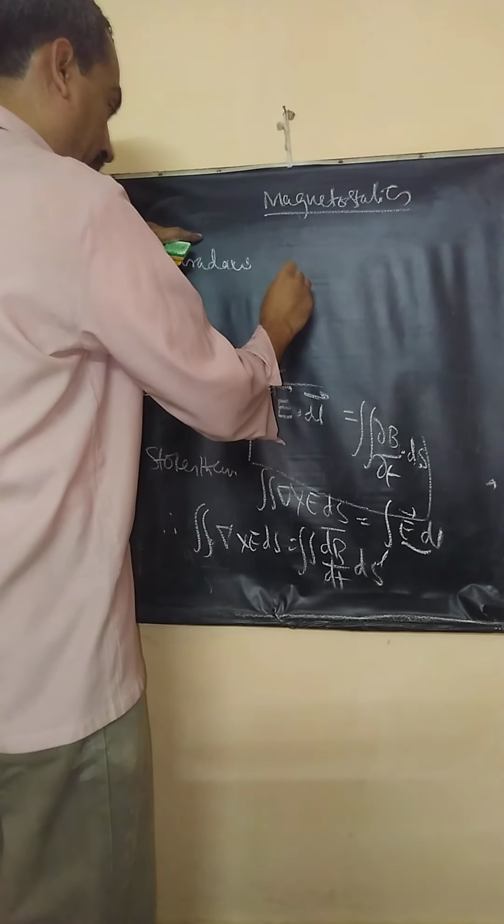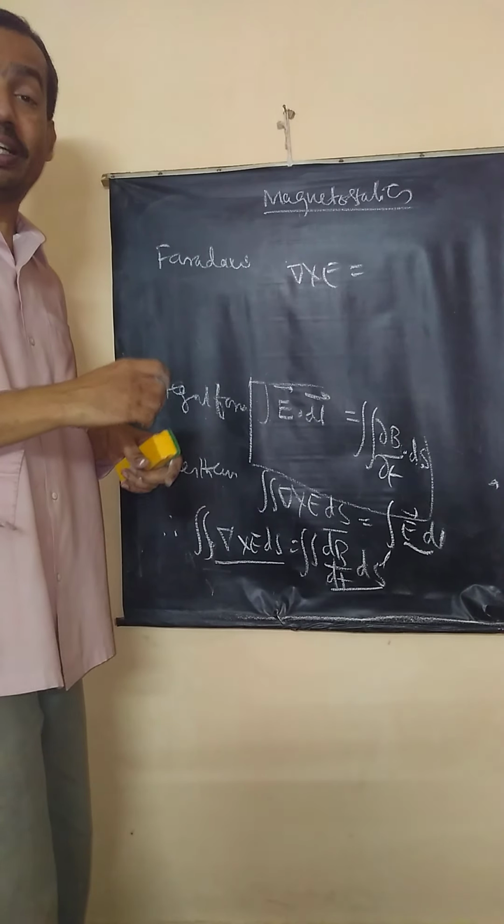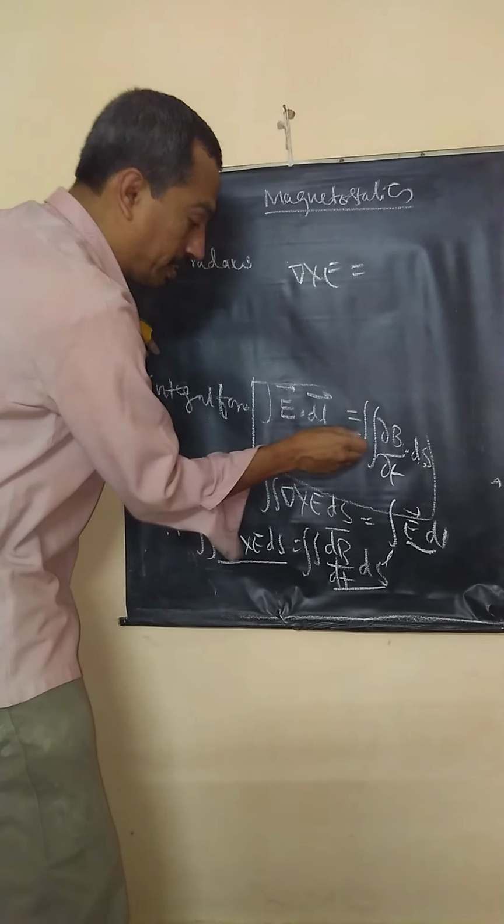See here, this is a surface integral, this is also a surface integral, therefore del cross E is equal to, and please remember, EMF induced will always be in a direction so as to oppose the very cause which produces it, Lenz's law. So we have to include a minus sign here, correct?